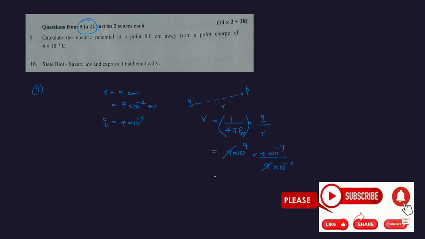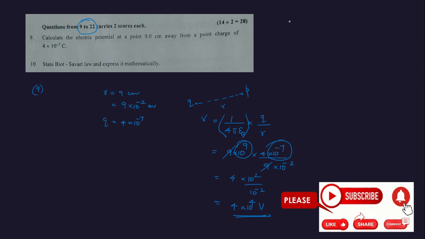So 9 cancels. On the numerator we get 10 to the power of minus 7 over 10 to the power of minus 2, so that is equal to 4 into 10 to the power of 4 volt. Don't forget to write the unit, it is a very important step.